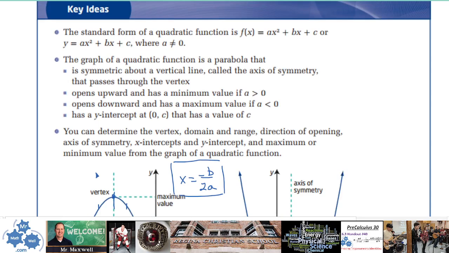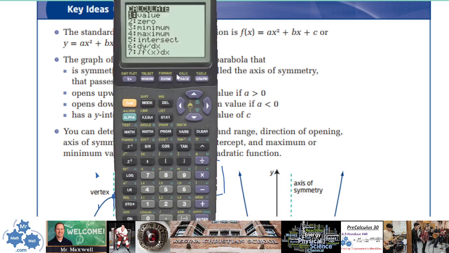All right, so that's the graphing calculator bit. Any other questions about the graphing calculator and finding those important aspects? I guess maybe I will just say too, it doesn't have to be in standard form, but your equation has to be solved for y.